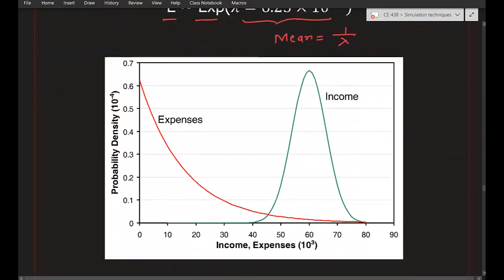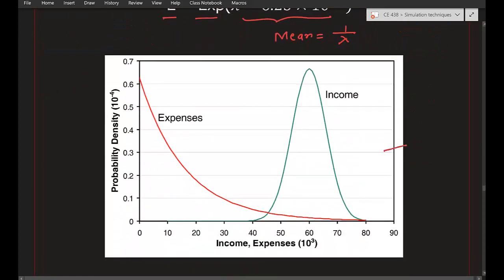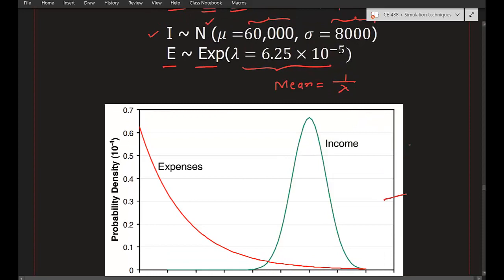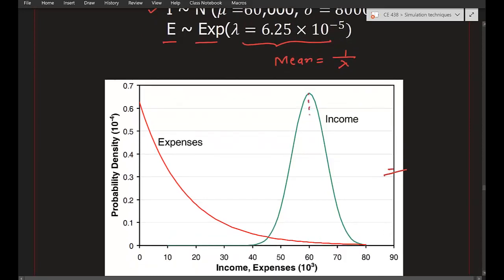Now these two distributions are illustrated in this figure. This is the income that is normally distributed with a mean of 60,000 and a standard deviation of 8,000. So income follows a normal distribution.